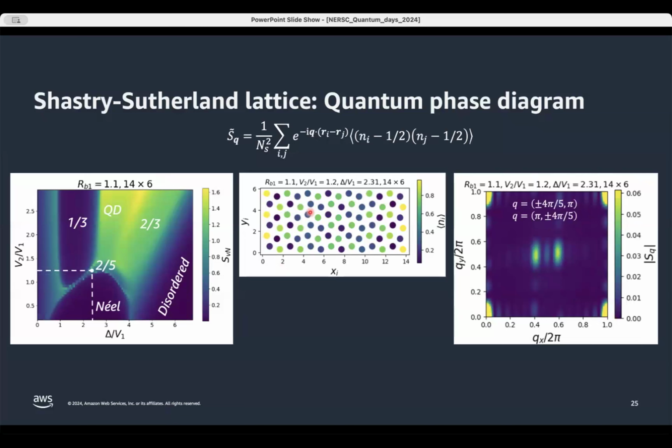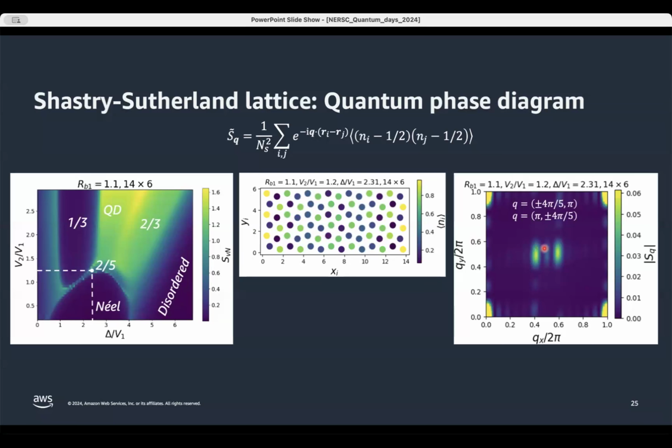I didn't actually emphasize that this phase is really stabilized by the quantum fluctuation induced by the non-zero omega term. And you can see that the Rydberg density is not either 1 or 0; there are partial values, indicating that there is a superposition between different states in the pattern here.